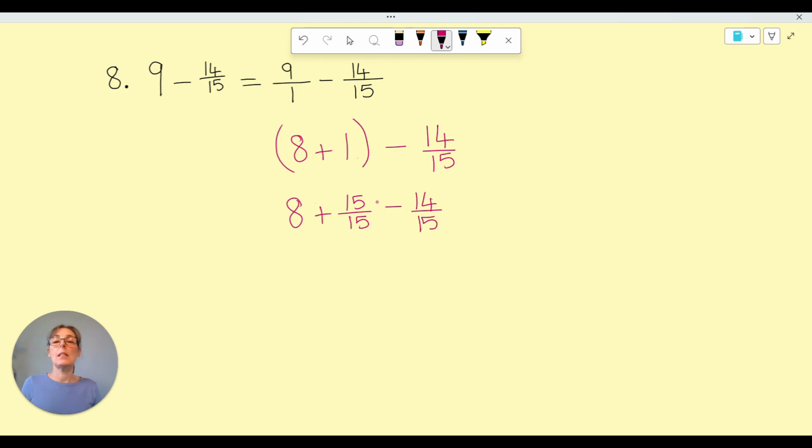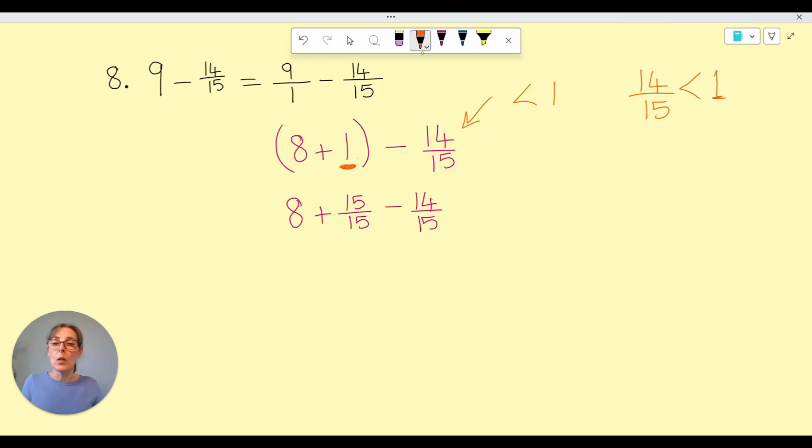Now you haven't got these massive numbers to be calculating, and it's really worth trying to understand this. So I split 9 into 8 and 1. I've kept the 8 because I don't need to be messing with it. I don't need to be dealing with massive numbers. I only needed to change this one because 14/15 is less than 1.